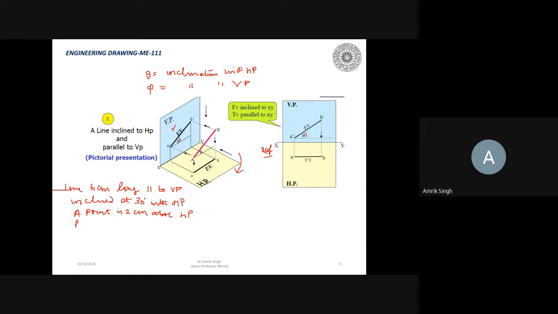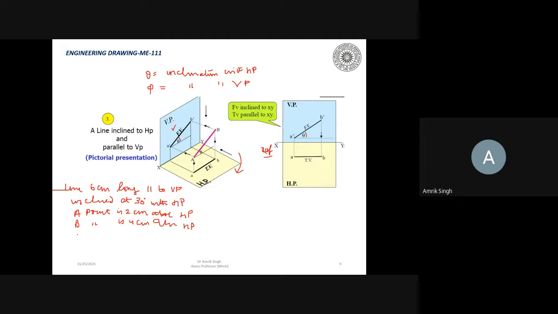Point B is 4 centimeter or 5 centimeter, whatever it is, above HP. ठीक है?